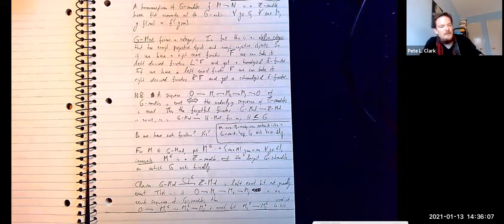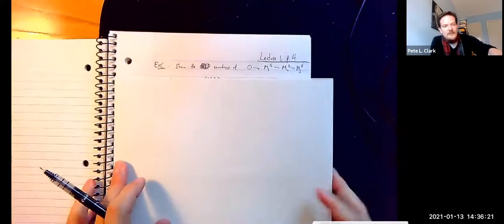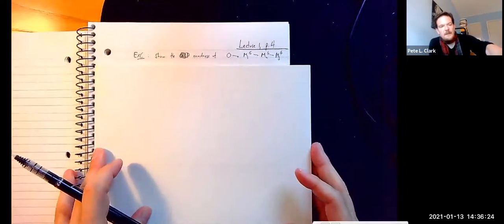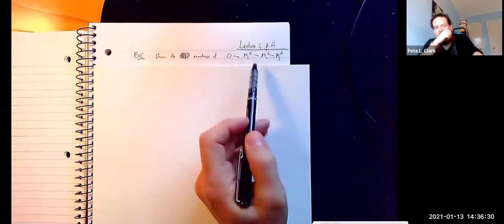Okay. So that's what I'm claiming. My claim is that taking the G invariants, as a functor from G modules to Z modules, is left exact, but almost never exact. Okay. So the first exercise for you is to show the left exactness. There's not, I mean, you don't need to know anything. You just apply the definition.